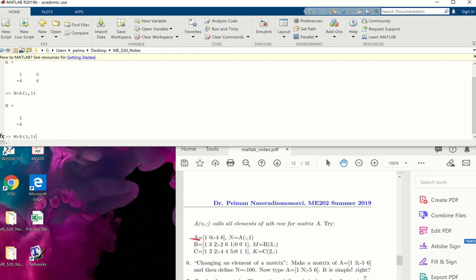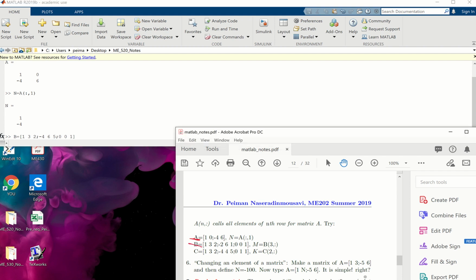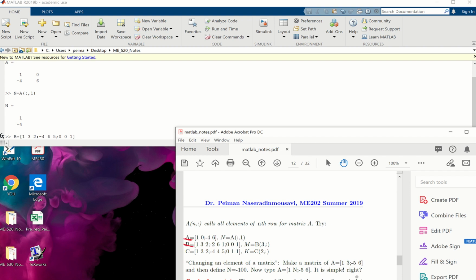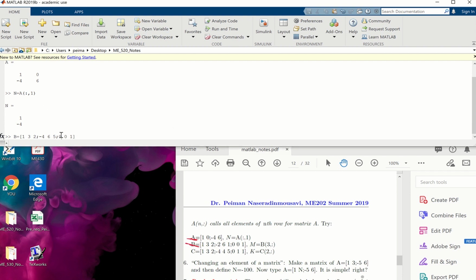Now our B that we had previously is exactly like this, but it has a minor change. It's 1, 3, 2, and -2, 6, 1, and 0, 0, 1. You got it?